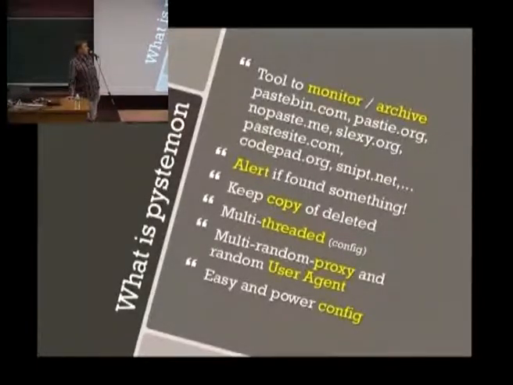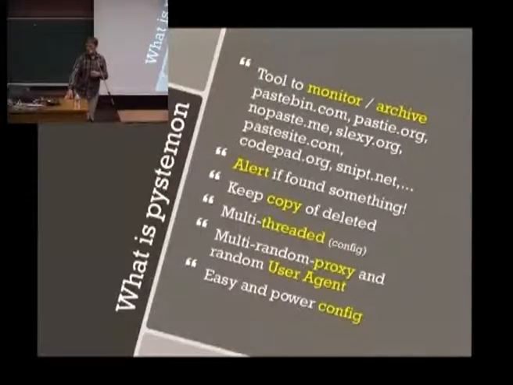You can also configure it to use random user agents. By default on the GitHub site, I deliver a list of 7,000 user agents that are all real, based on a log collection. The tool has been built to enable adding new sites very easily.